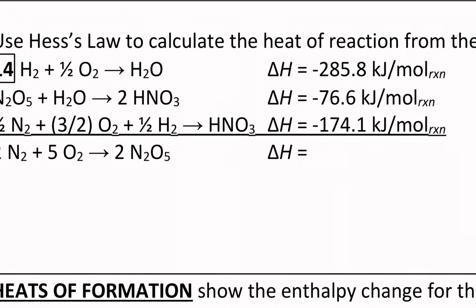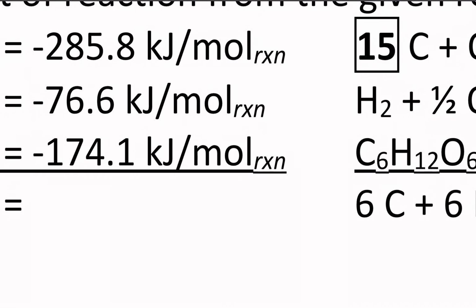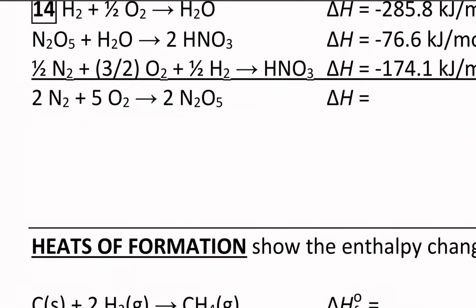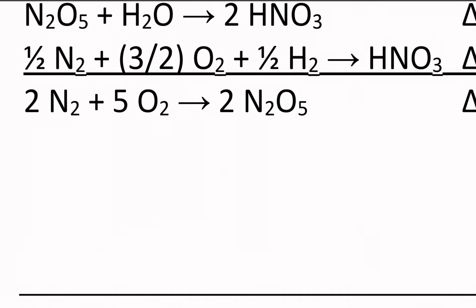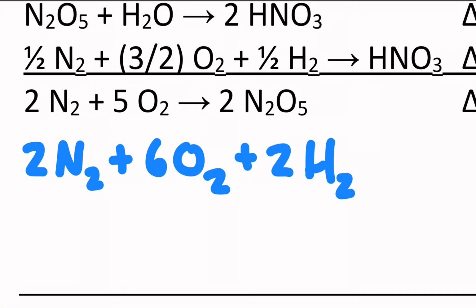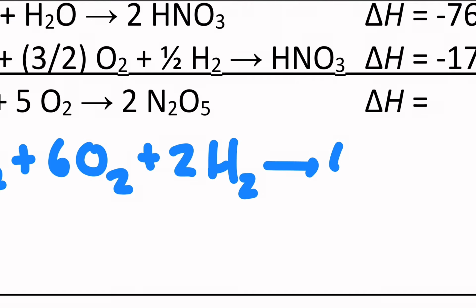Well, that means I'm going to multiply my delta H by 4. So I'm just going to write times 4 right next to the delta H. What that does is that changes that third reaction to become 2 nitrogens plus 6 oxygens plus 2 hydrogens to make 4 nitric acids.